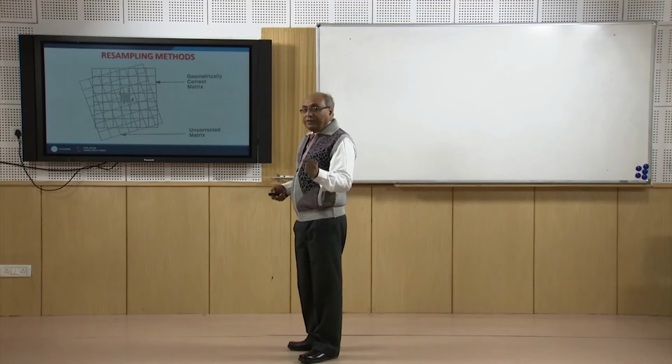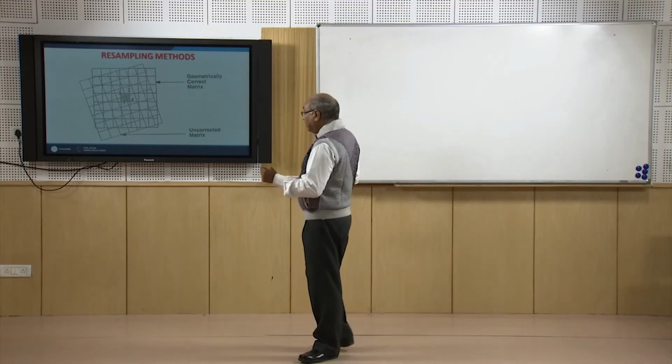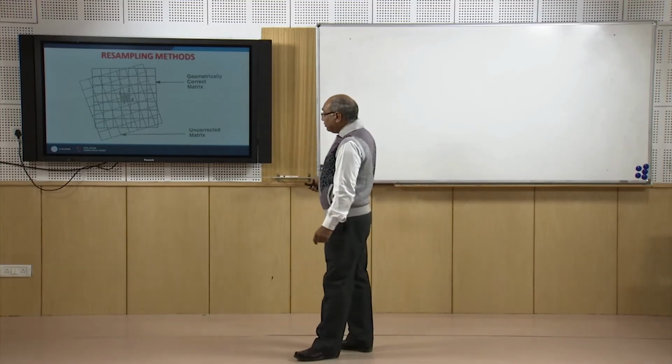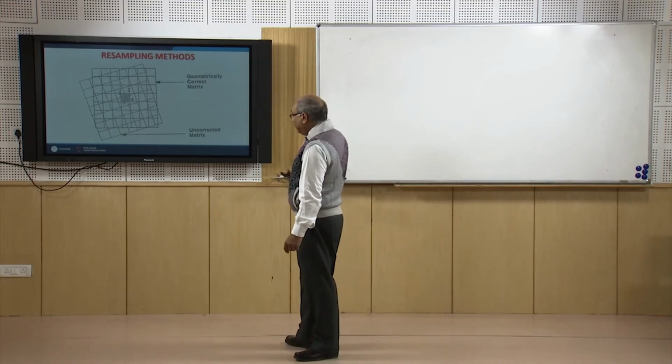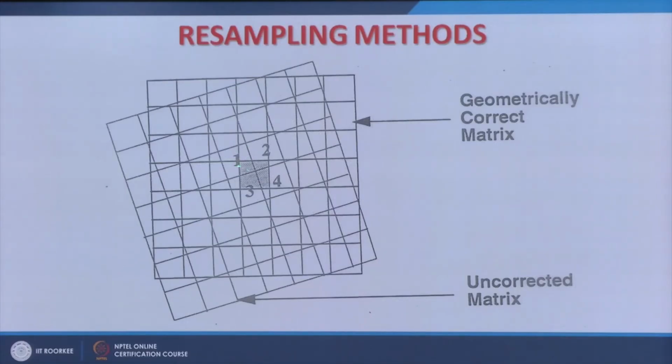Let us go to the second one, that is bilinear. As you have seen, this shaded pixel is overlapped by uncorrected image pixels marked 1, 2, 3 and 4, with overlaps of different areas: 2 is having the minimum, 3 is having the maximum, and 1 and 4 probably have the same.